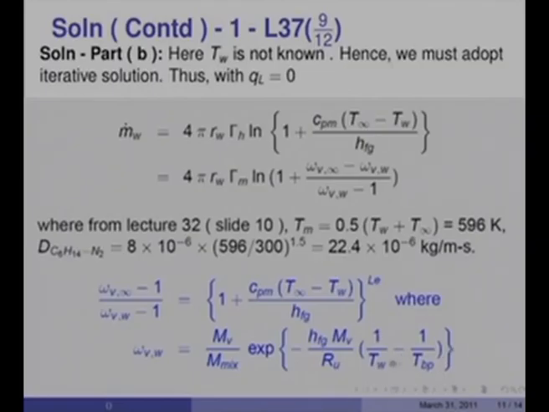So, what one does is assume a value of TW, and since you know TBP, you know HFG, you know the molecular weight of vapor, you know m mix. Therefore, from TBP you evaluate omega VW, substitute that value here, calculate the left hand side as well as the right hand side, and see if the two are in agreement.